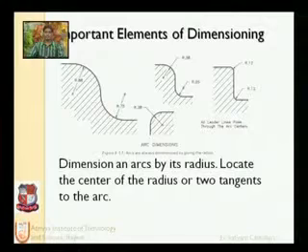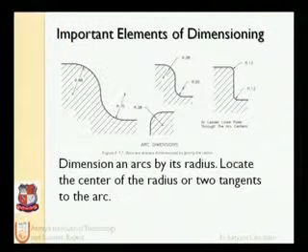We have some examples of important elements of dimensioning. We have a cross section of some part. This cross section is shown by hatching lines, drawn as continuous thin lines crossing.